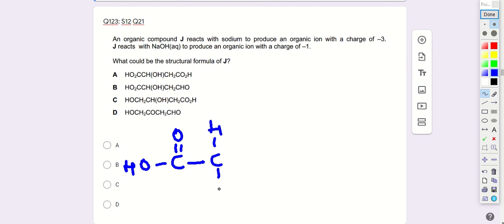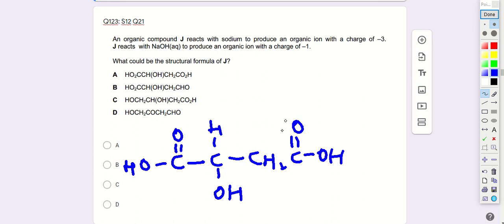So this is the structure of J in answer A. If it reacts with sodium, you get a negative charge here, here, and here. So this is an organic ion with -3 charge. So reaction with sodium is correct.